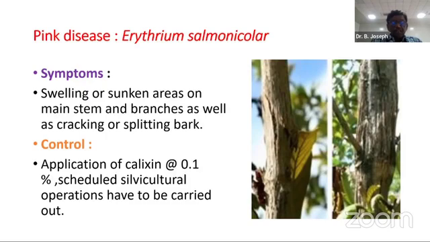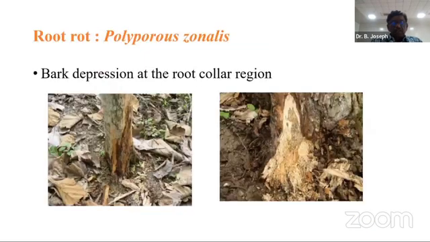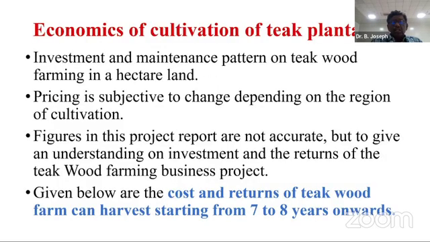The application of Carixon, as I have recommended, can be done, but it is very difficult, cumbersome, and costly, and at the end of the day we don't know where we end up in the cost benefit ratio. So farmers have to take care of bark depression and the root, also in the collar region. You can see how the bark has been damaged here because of the root rot.